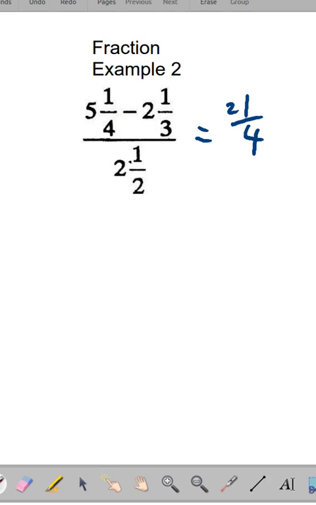5 means 5 whole. 1, 2, 3, 4, 5 whole plus a quarter, plus 1/4. Now, how many quarters are there in total? We say that each whole has 4 quarters.